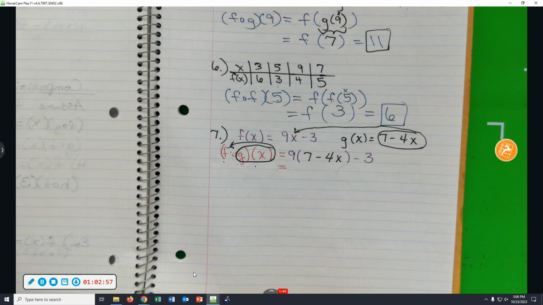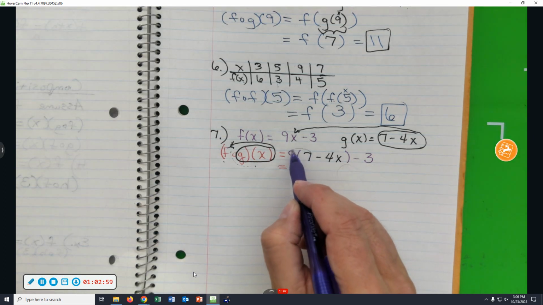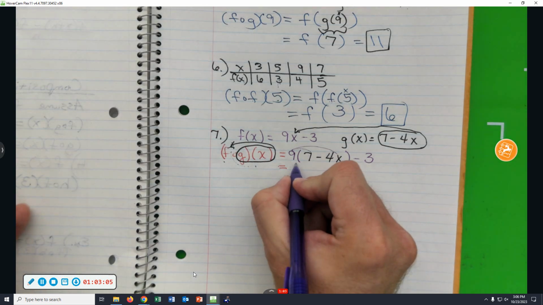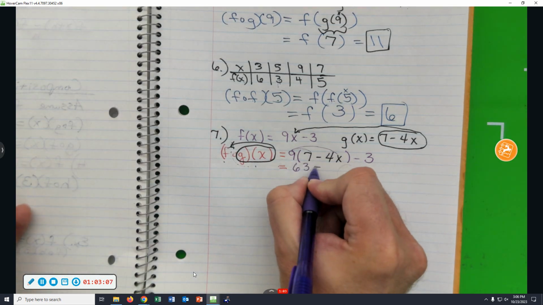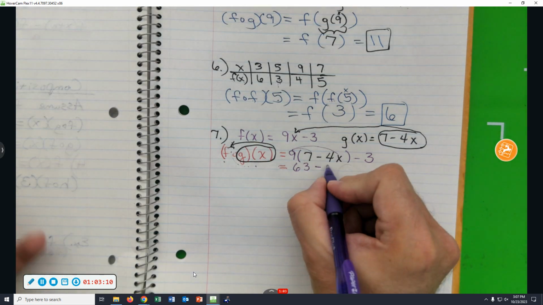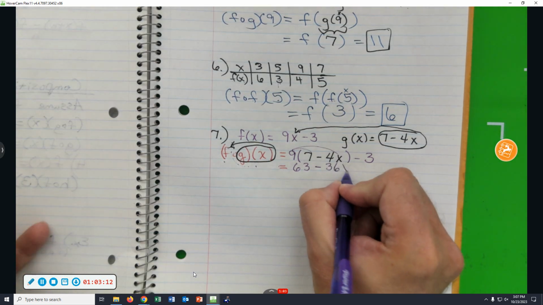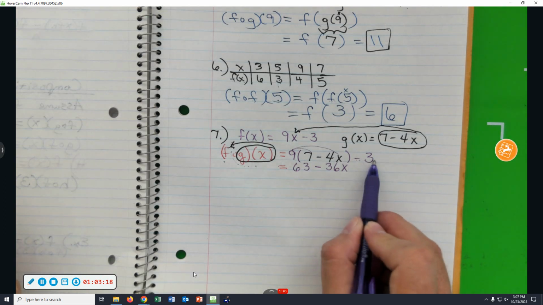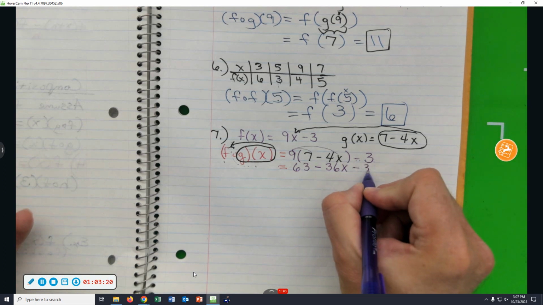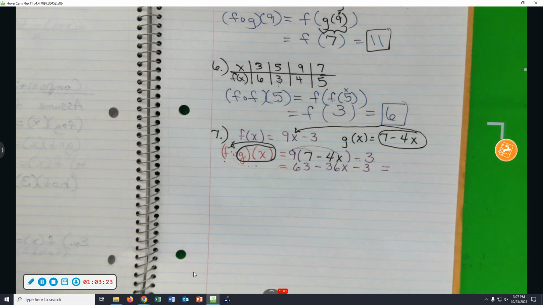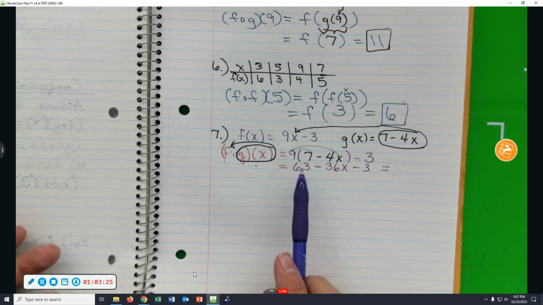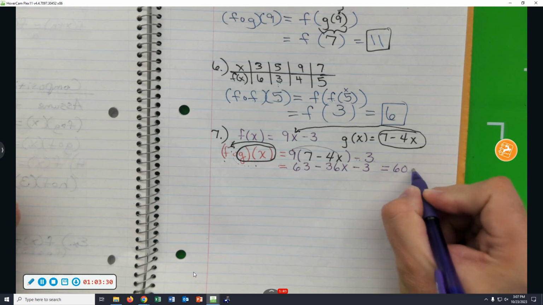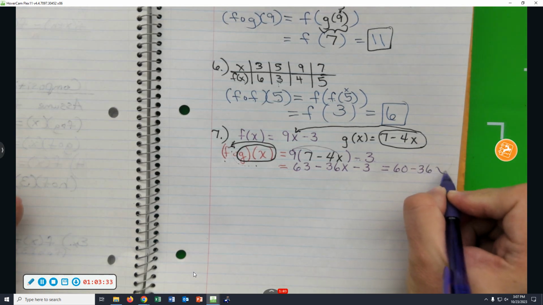Well, could we distribute the 9? And so we would have 63 minus, is that going to be 36x? And don't forget, we still have this minus 3 right here. So anything we can combine, how about 63 minus 3, could I just write that as 60 minus 36x?